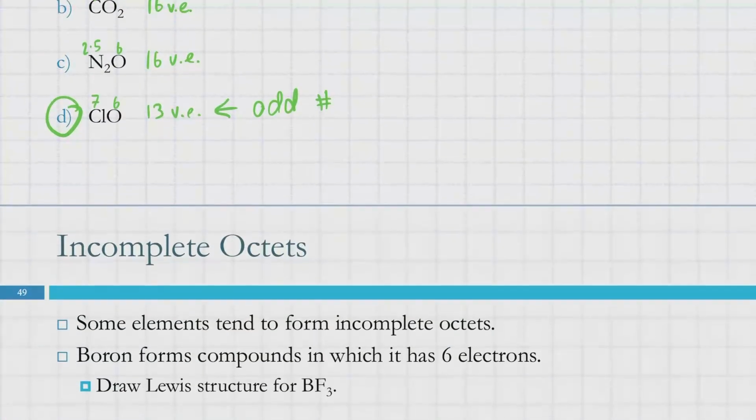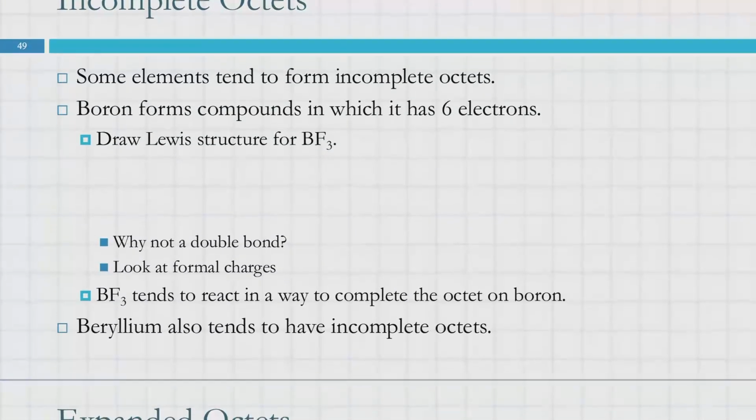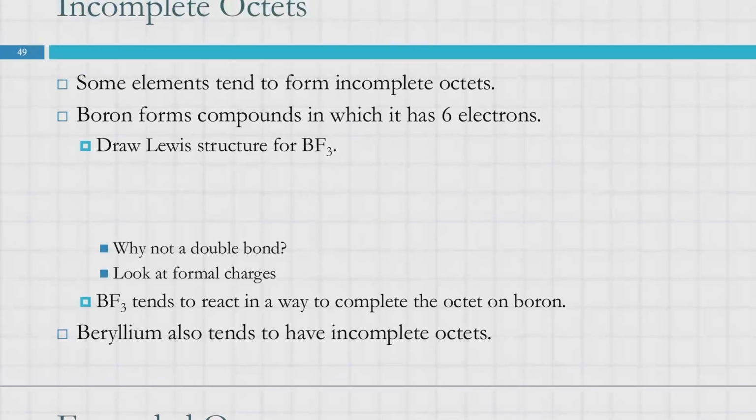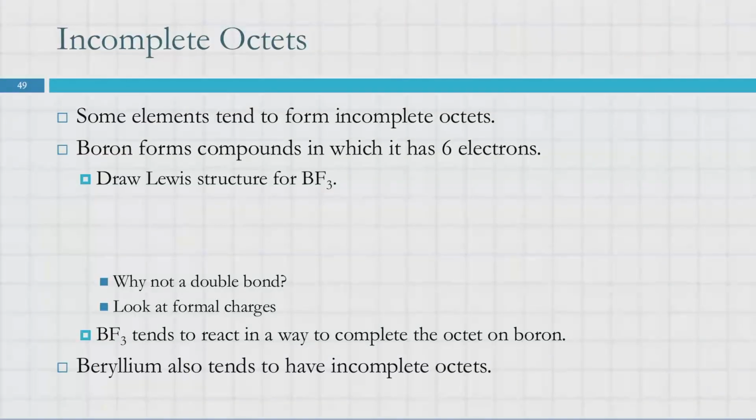All right, I alluded to expanded octets, and I forgot that incomplete octets was the next slide. There it is, look, expanded octets, it's on the next slide. So incomplete octets are possible. Boron, for example, likes to form compounds that only have 6 electrons, which makes boron kind of weird, quirky.